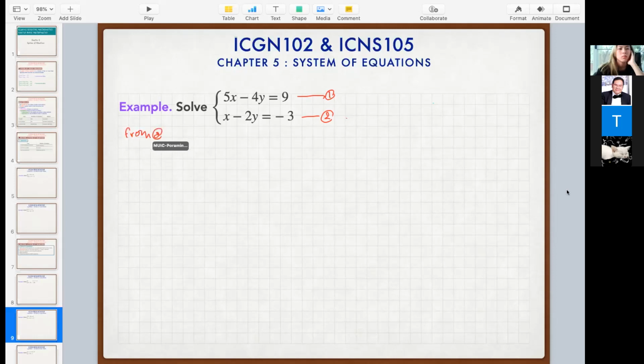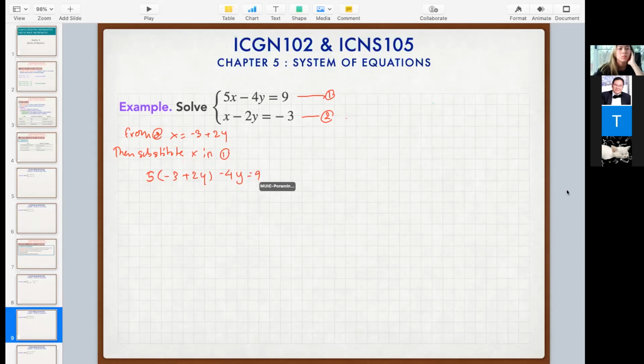we have x equals negative 3 plus 2y, and then we substitute x in equation number 1. So we get 5 times negative 3 plus 2y minus 4y equals 9, right?